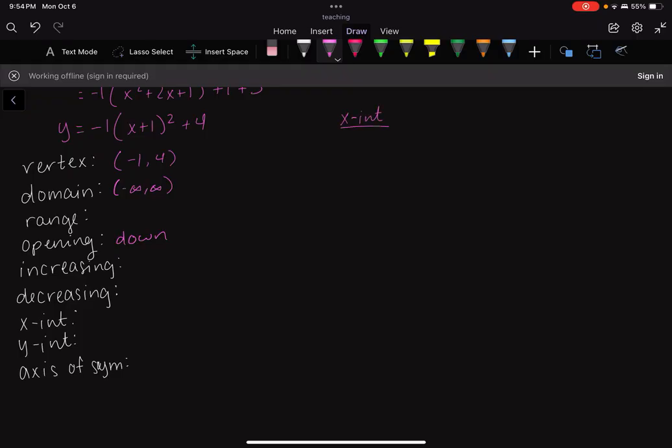So my x-intercepts happen when y equals 0, so I get 0 equals -1(x plus 1)² plus 4. Subtract 4, divide by -1, take the square root, so that's going to give me plus or minus root 4 equals x plus 1. So that gives me plus or minus 2.